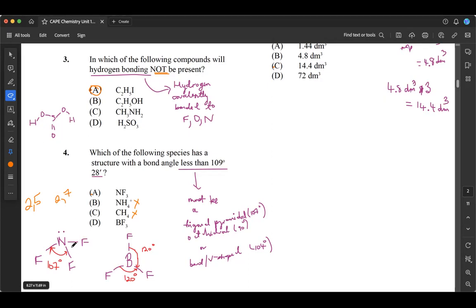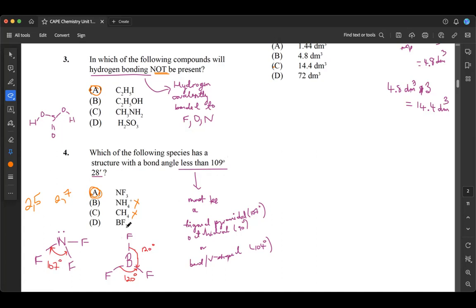And so we can have 1 of the electrons from nitrogen bonding with it, 1 bonding with this and 1 bonding with this. So it uses up 3. And so we have 2 remaining. So we have a lone pair here, and we have 3 bonded pairs here. Right? And when we have 3 bonded pairs and a lone pair, that's going to form a trigonal pyramidal structure with bond angle 107. So our answer for 4 will be A, because right away, we see that we have this 107 that's less than 109.